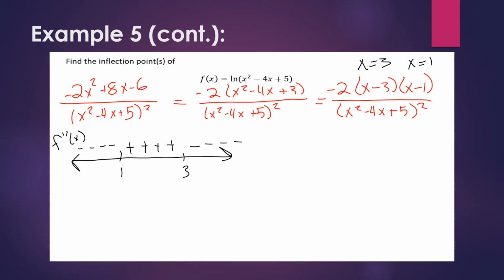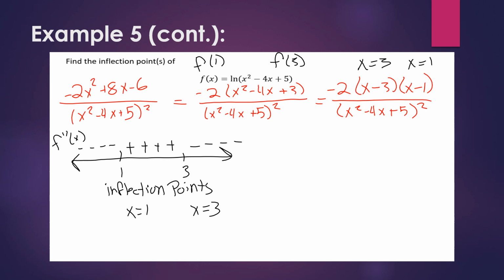So the inflection points have to be at x equals 1 and x equals 3. And if we wanted to find the y values, we would have to plug in up here for f. So we need f of 1 and f of 3. But unfortunately, I don't think we're going to get anything super nice here.